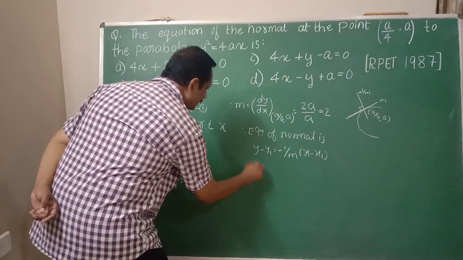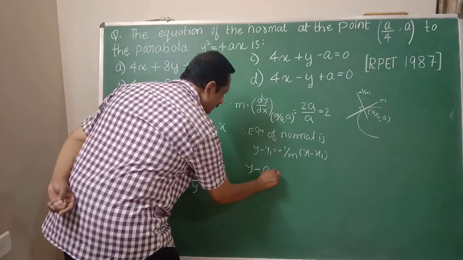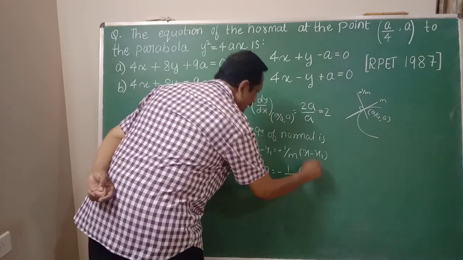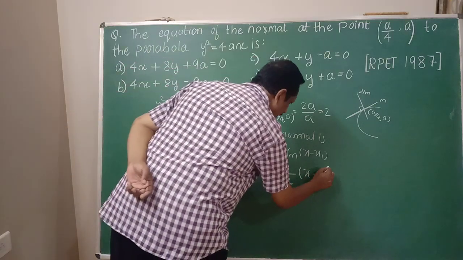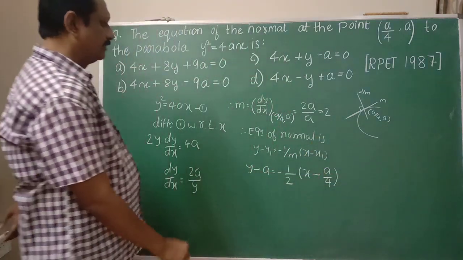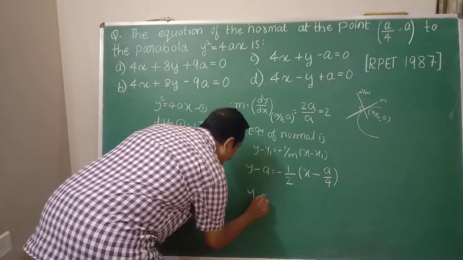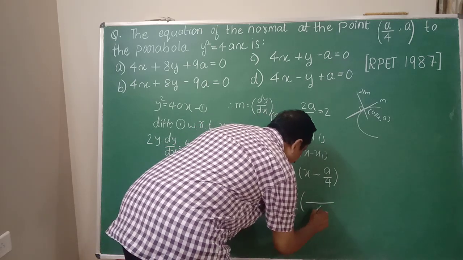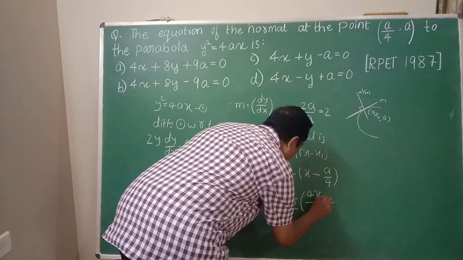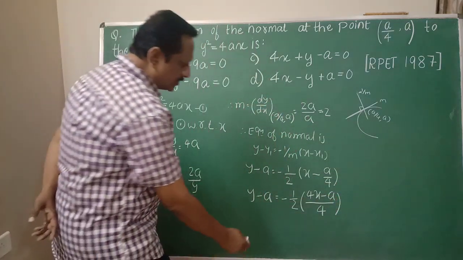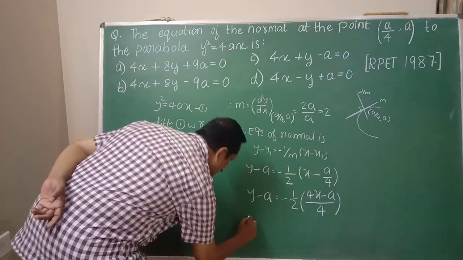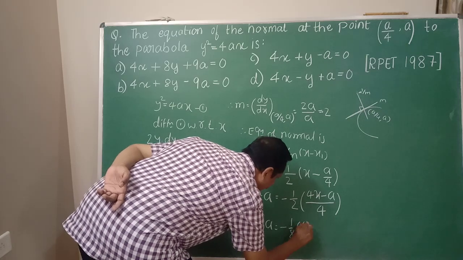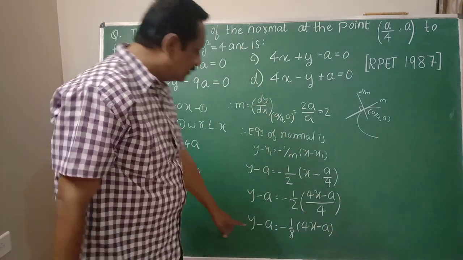Hence y minus y1, y1 is a, so y minus a is equal to minus 1 upon m, m is 2, into x minus x1, where x1 is a upon 4. Therefore y minus a is equal to minus 1 upon 2 into (x minus a/4). 4 is the LCM, 4x minus a over 4. Cross multiplying, 4 twos are 8, so y minus a is equal to minus 1 upon 8 into bracket 4x minus a. Now take 8 to this side.